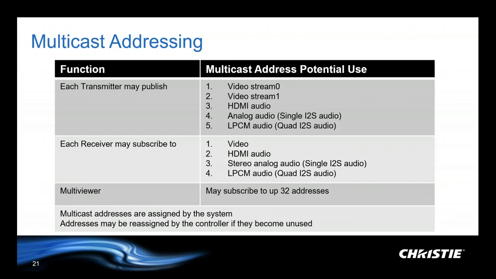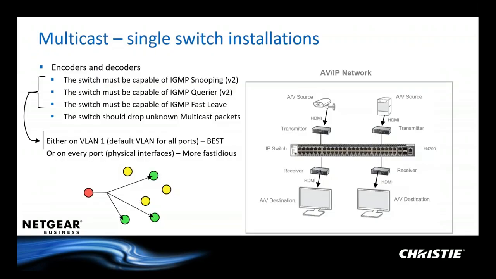Okay, single switch installations are obviously the easiest ones. Again, the switch has to be in multicast mode. I've gone through this with snooping, the querying, the fast leave, and the switch should be able to drop unknown multicast packets to maintain the bandwidth efficiency. Normally, a single switch would have a single VLAN by default.